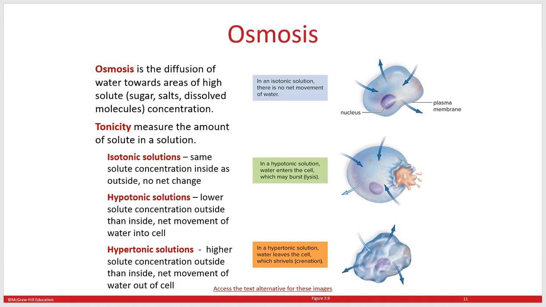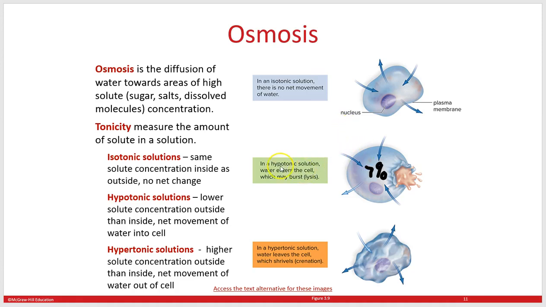In a hypotonic solution, it means that inside the cell, maybe there is like 7% stuff, salt, calcium, whatever, a 7% solute concentration.